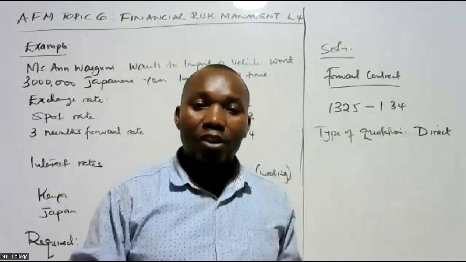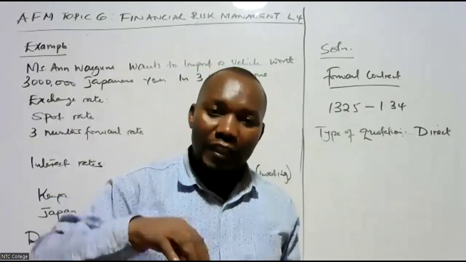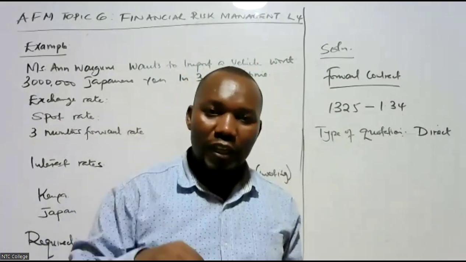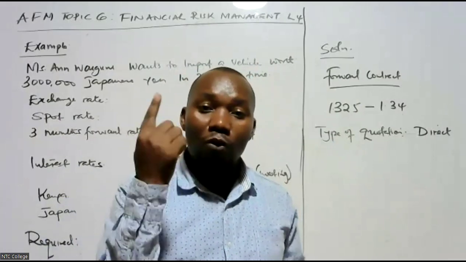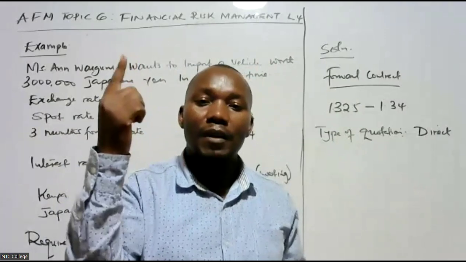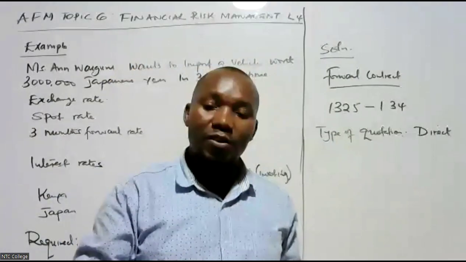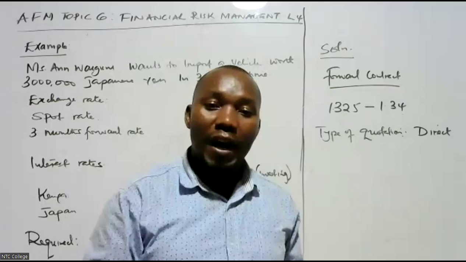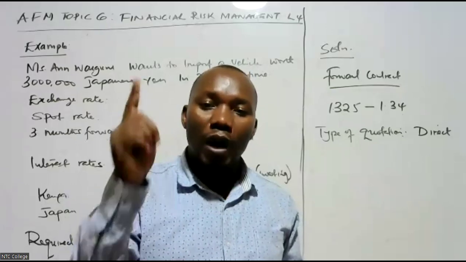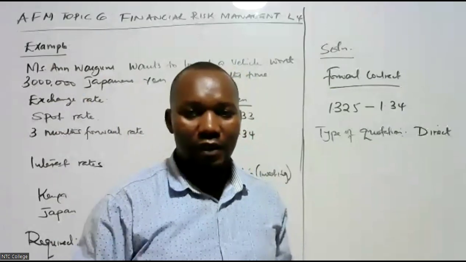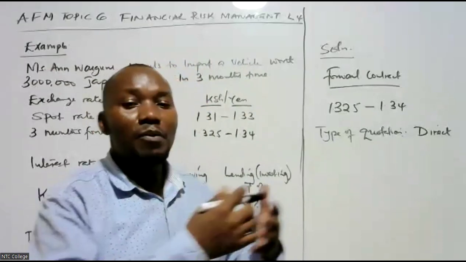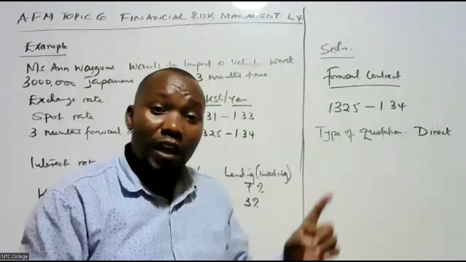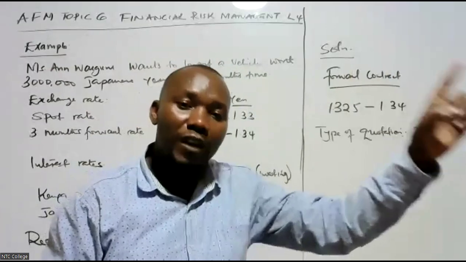For direct, you will be given the amount of local currency that you require to buy 1 unit of foreign currency. Yani utaambiwa ni pesa ngapi unahitaji in Kenyan shillings so that you can get 1 unit of the foreign currency.